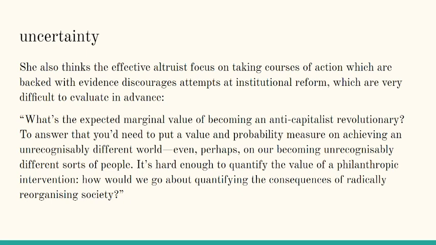You need to decide, we're trying to achieve an unrecognizably different world, one with unrecognizably different sorts of people. How good would that be? How many malaria nets is that worth? What are the chances of that? How can we put that into an equation and figure out the expected difference made by becoming an anti-capitalist revolutionary trying to radically reorganize society?